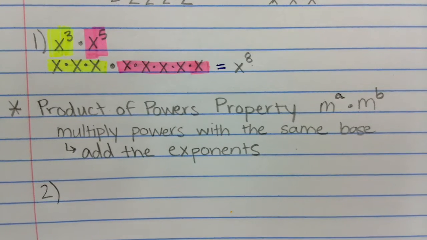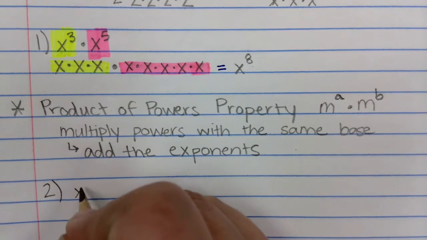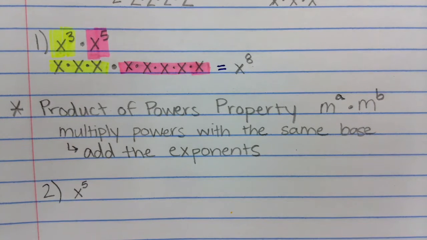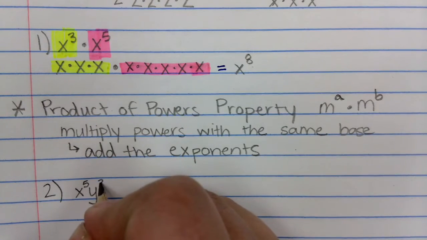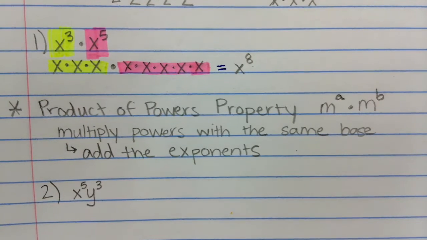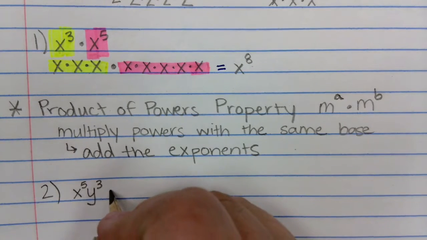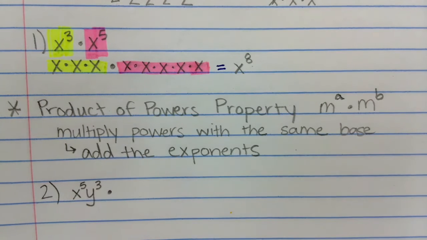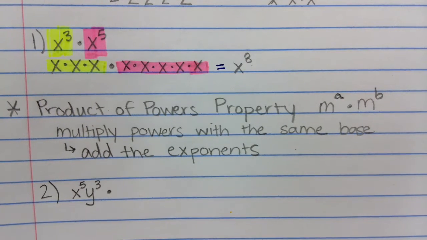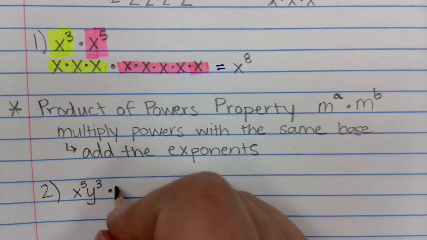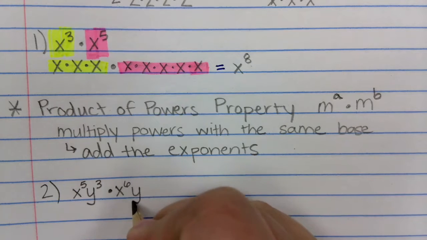On number 2, if I have x to the 5th power, y to the 3rd power, times, so again we're going to use that little dot for times, x to the 6th power, y to the 5th power.